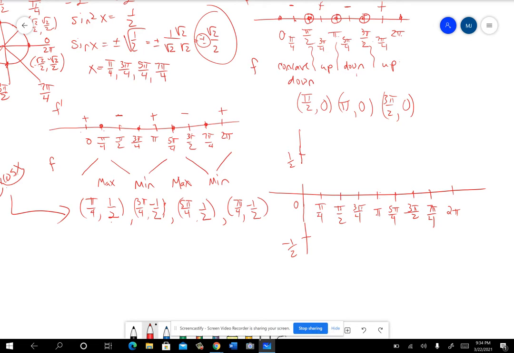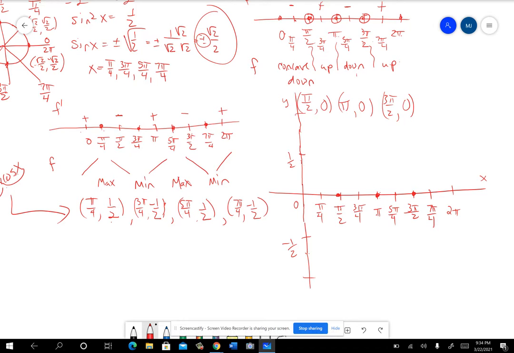Right, so make that 1/2. Make that -1/2, and so 1 would not be until you get down here. -1 and 1. Okay. All right. So pi over 2, 0, pi 0, and 3 pi over 2, 0. Those are going to be inflection points.